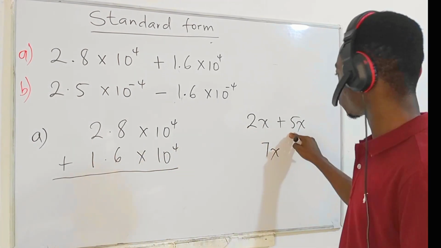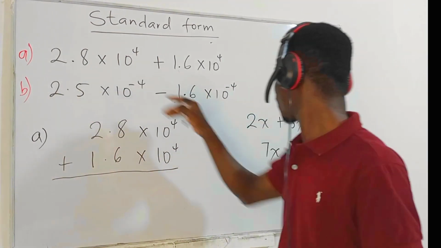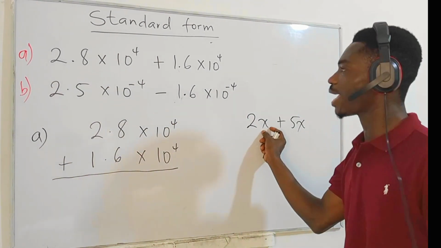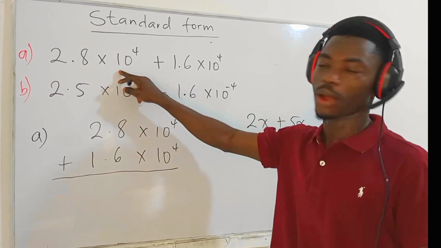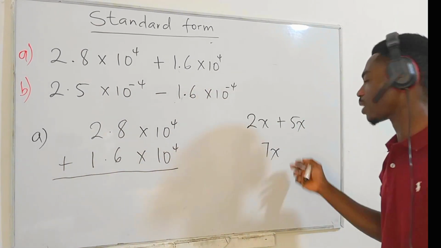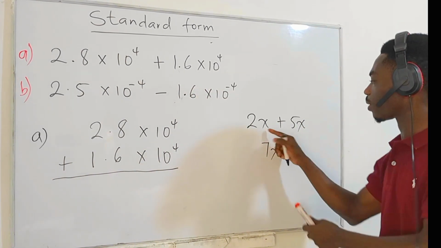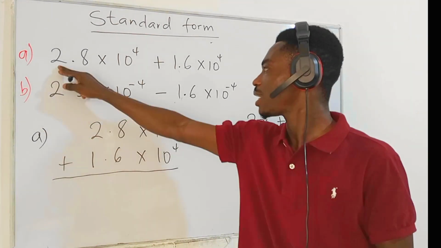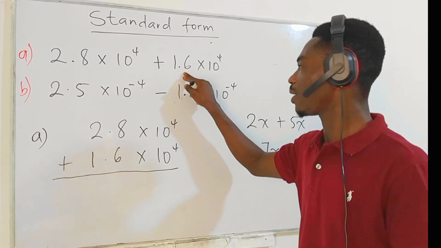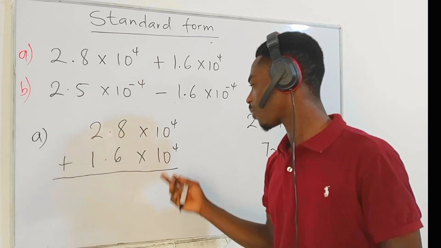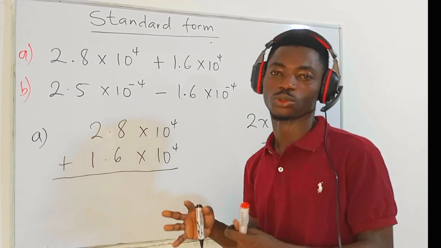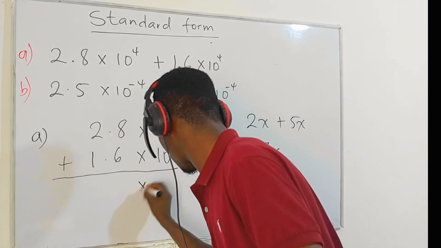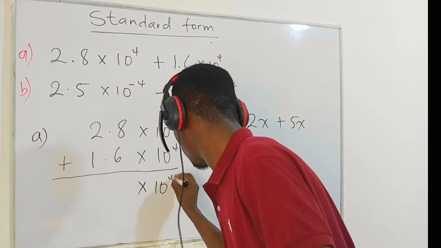So if you compare this right here to what we have here, this 2 is basically this number, and this variable, which is x, is just 10 to the power 4. So that means we don't have to do much about this x right here. What we have to basically do is to combine these two numbers right here. Then after that, we attach one of the 10 to the power 4 to the results that we get. So basically, this is going to be there, 10 to the power 4.